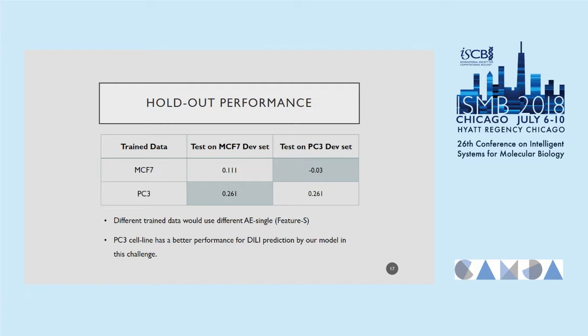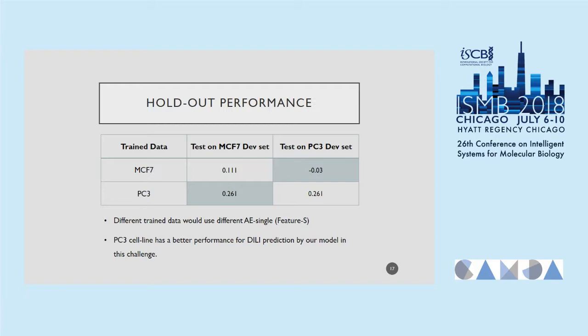We train the model on 114 drugs, and then we test our model on the development set. You can see the blue one is the cross-platform validation, and the white one is the in-platform prediction. You can see PC3 generally has a better performance for DILI prediction by our model in this challenge, but we are looking to see whether other groups have different observations than us.